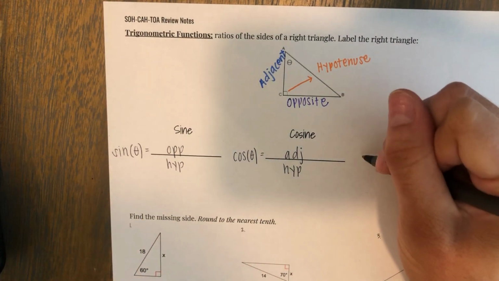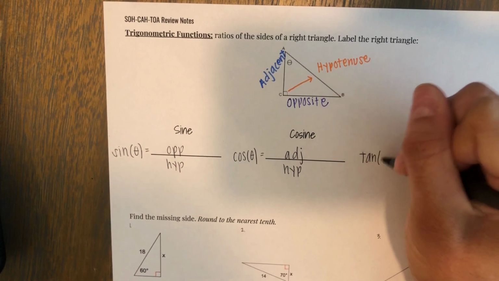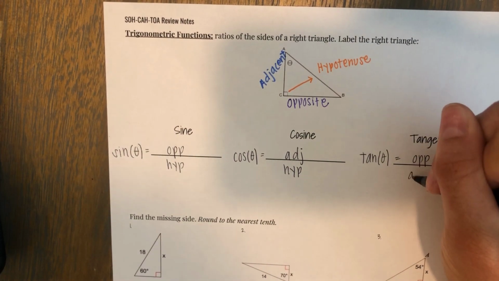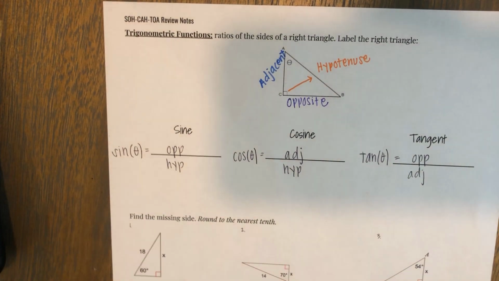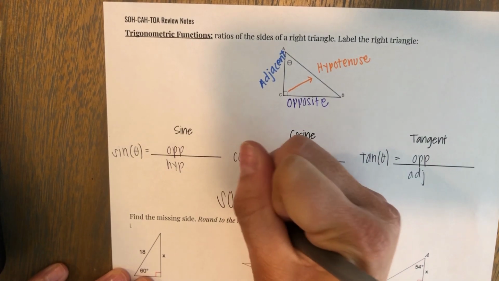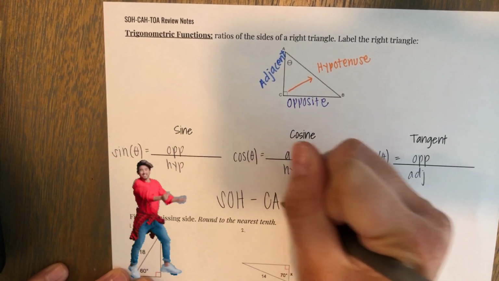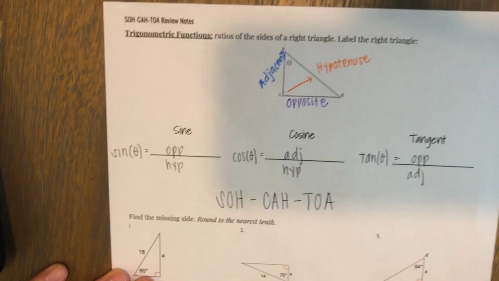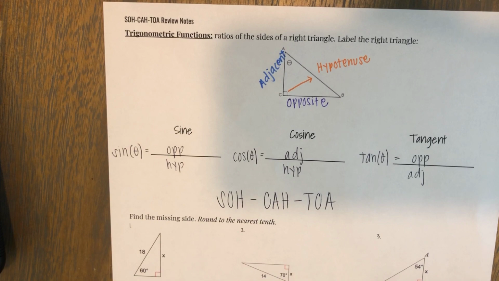And then tangent is opposite over adjacent. So those will be there to help you. And then remember, we used to call it SOHCAH TOA. So it tells you which sides go for which function.